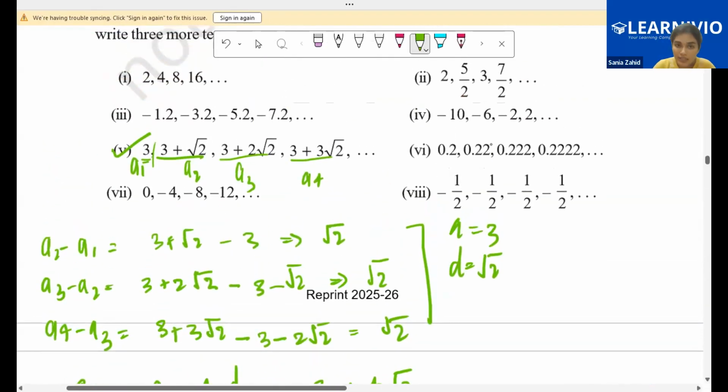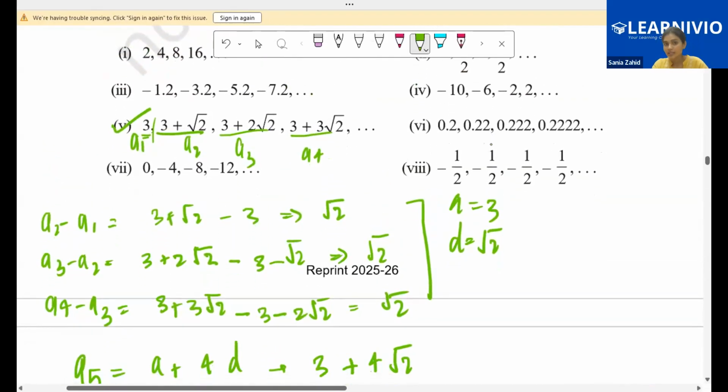Right? And you see clearly that here you have 3, then you have 3 plus root 2. So the difference is root 2 directly. Then one more root 2 you have added. So 3 plus 2 root 2, 3 plus 3 root 2, 3 plus 4 root 2, 3 plus 5 root 2, 3 plus 6 root 2, and so on. So clearly, even on seeing, you can tell that it's an AP. Right?